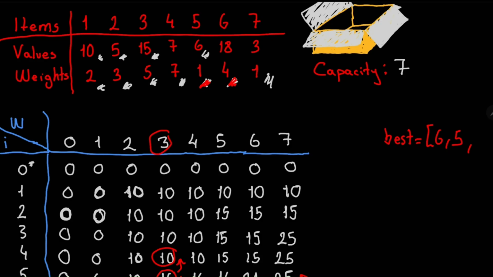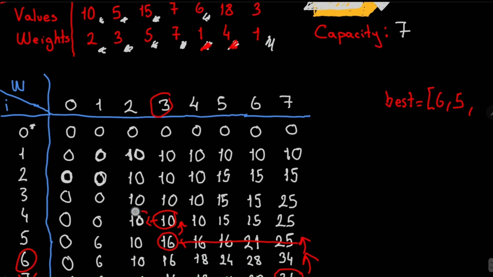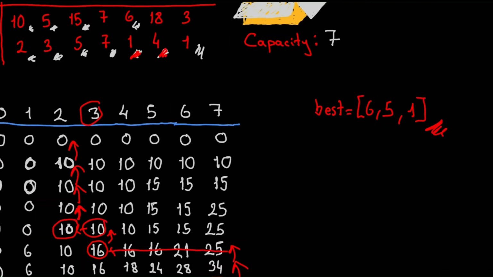So 3 minus 1 gives us 2. So we are going here. Isn't changing. Is it changing? No. Is it changing? No. Is it? No. Is it? Yes. So we are also taking the item of 1.